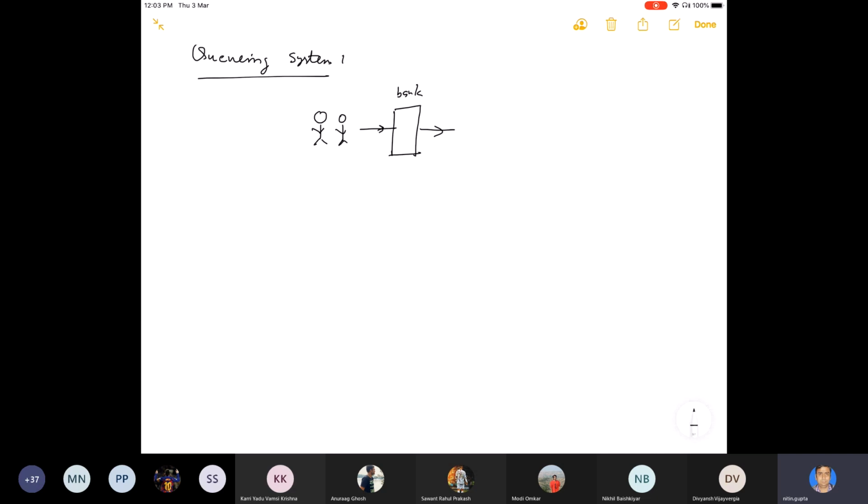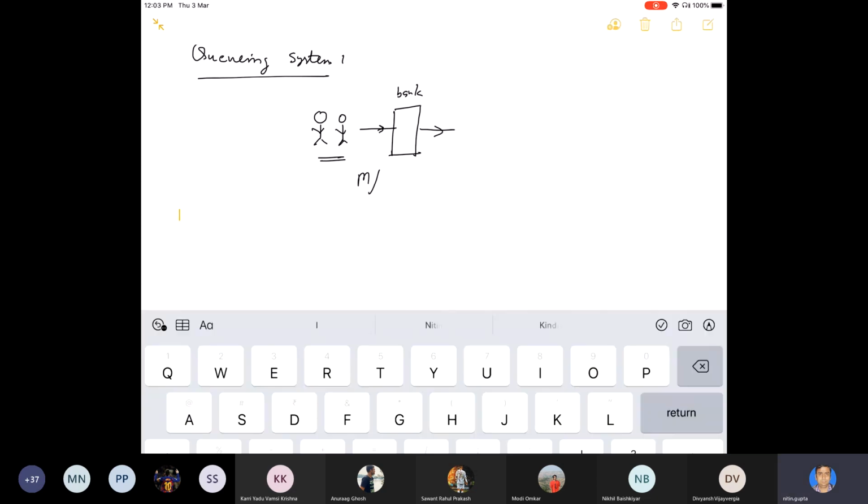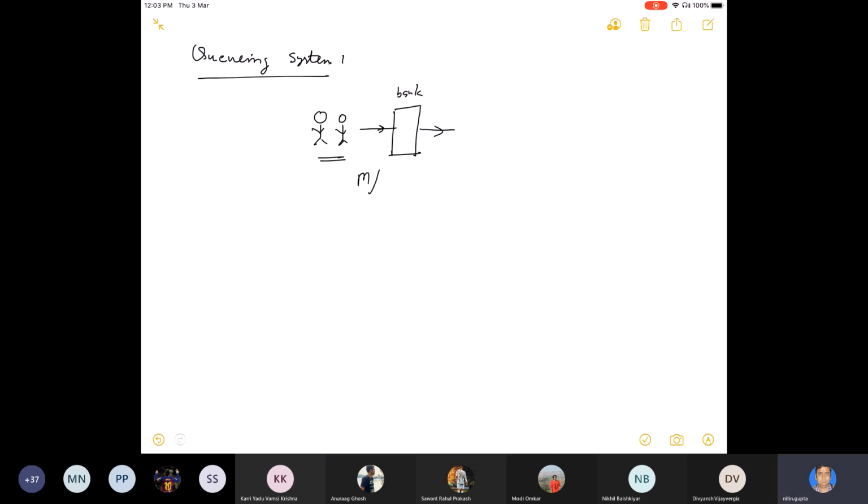If the arrival pattern is a Poisson process, that means the inter-arrival times between the customers are exponential, that we already know is denoted by M. Then at the bank, they are getting service according to an exponential distribution with rate mu. Then the second M, and there may be one clerk.